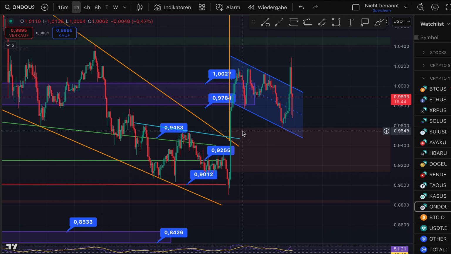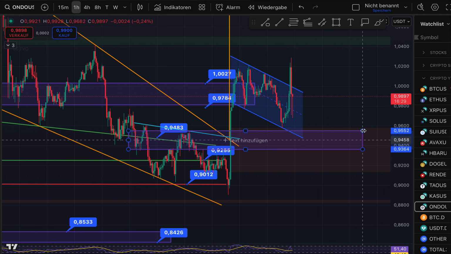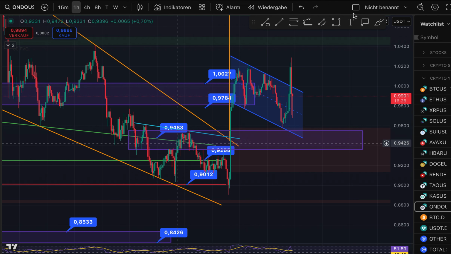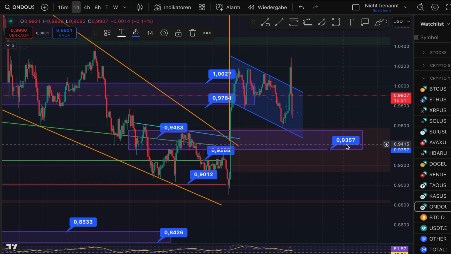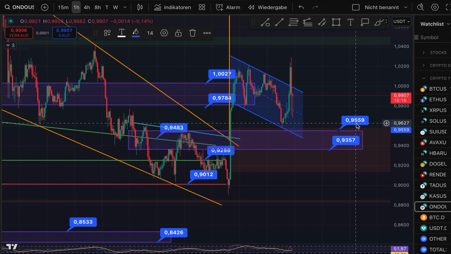So with that said, what can I tell you? We have support at the price mark between 94 cents to 95.5 cents. I will draw that for you right here. This is a very interesting area where we get a huge support, 93.5 cents to 95.6 cents.